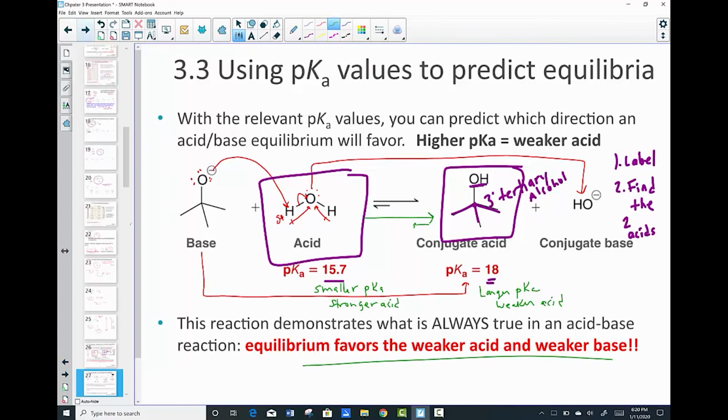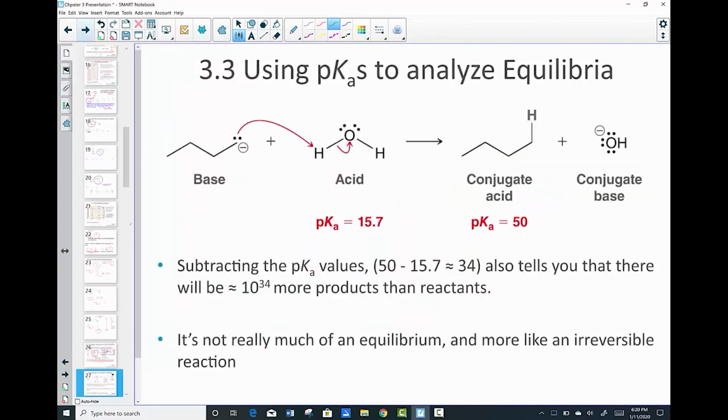Identify the two acids and compare their Ka values. So for example, another example, we have a water molecule acting as an acid. The conjugate acid that forms from the base is a straight chain alkane. The base accepted a proton to form its conjugate acid.